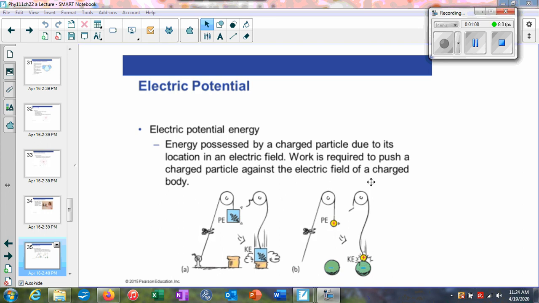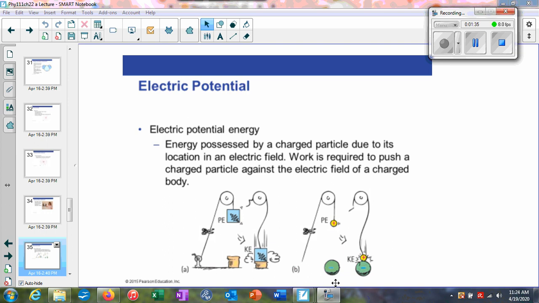Electric potential energy, we can start to think of the same way. It's a potential energy that a charged particle has due to its location, not in a gravitational field, but in an electric field. So I have this little charged particle. It's positively charged. You probably can't see there's a negative sign in this bigger one down here. So this is a negatively charged body.